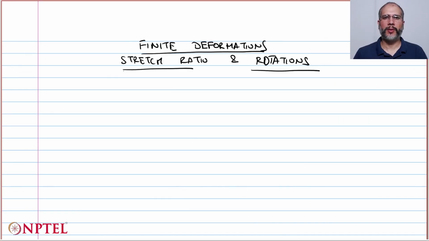Then we'll talk about finite rotations, which sometimes confuse us with infinitesimal rotations that we discussed in the last lecture. And towards the very end, we will show that under the approximation of small deformations, the finite quantities degenerate to infinitesimal quantities. So let's get started with this lecture.